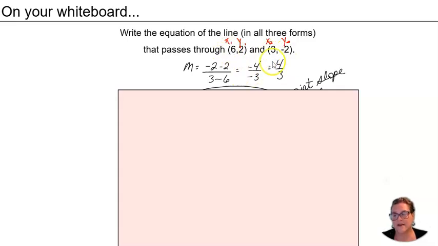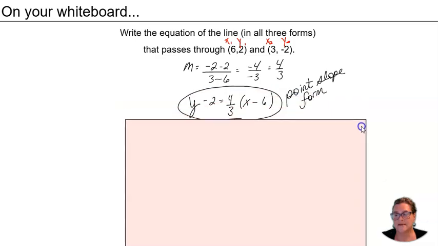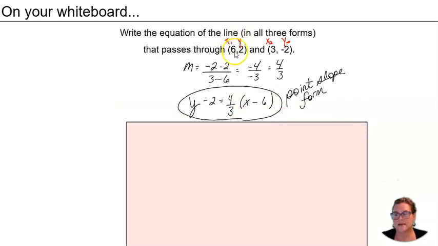And a negative divided by a negative is a positive. So my slope is a positive 4/3. I use that slope and my point (6, 2) in point-slope form, and I got y minus 2 is equal to 4/3 times the quantity x minus 6.